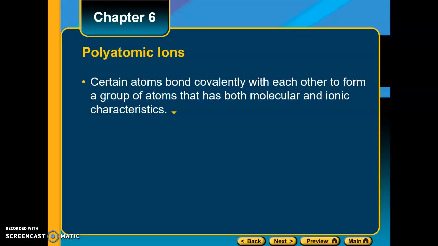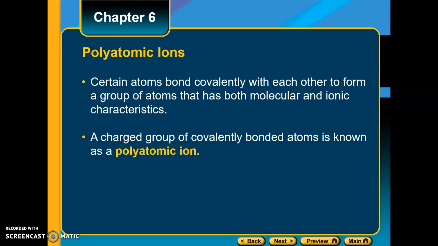So when certain atoms bond covalently together and share their electrons, they occasionally have the characteristics of both molecular and ionic compounds, because they form little groups that we would think of as molecules, but they have an overall charge because they either have had to lose electrons in order to make these little molecules work, or they have had to gain electrons to make these little molecules work.